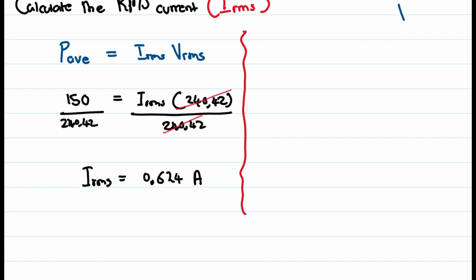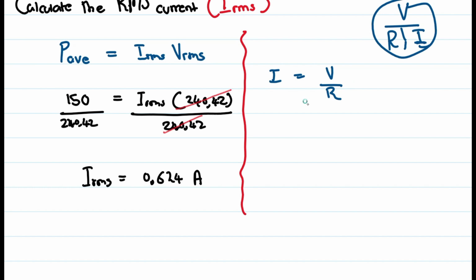So this is Ohm's law: V, I, R. To find the current, I is equal to voltage divided by resistance.